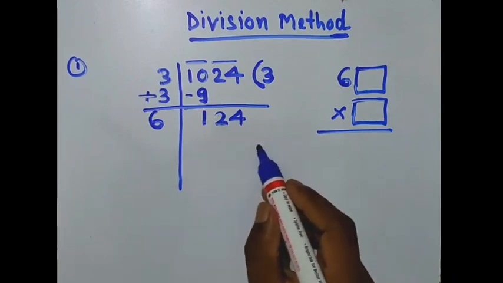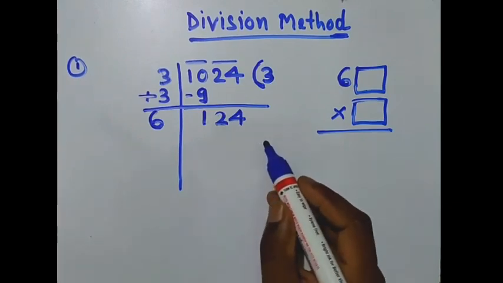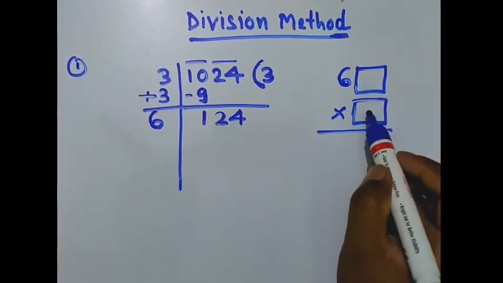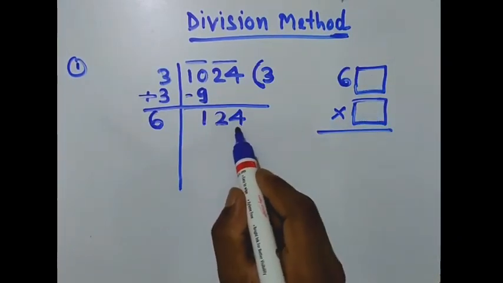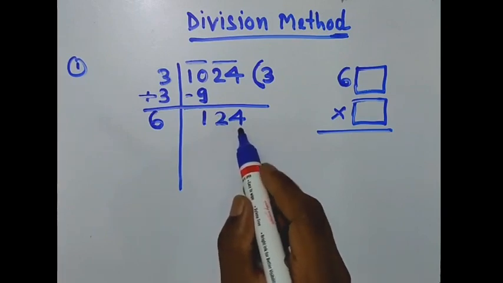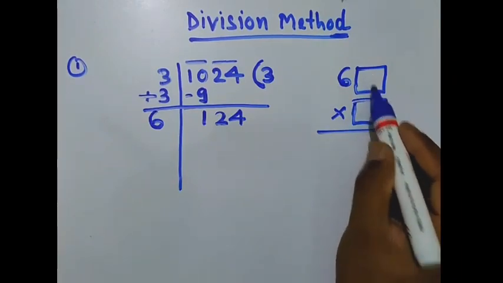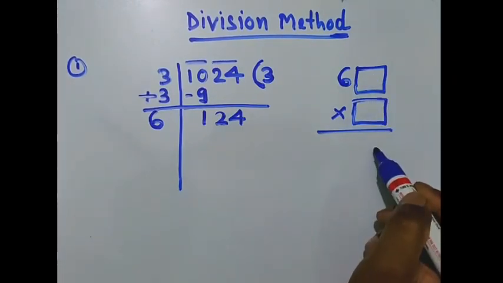So try to recall the properties that we learnt. What number can I multiply in the ones place to get a number with 4 in the ones place? You can apply the property here as well. So 2 times 2 gives you 4 in the ones place, right?